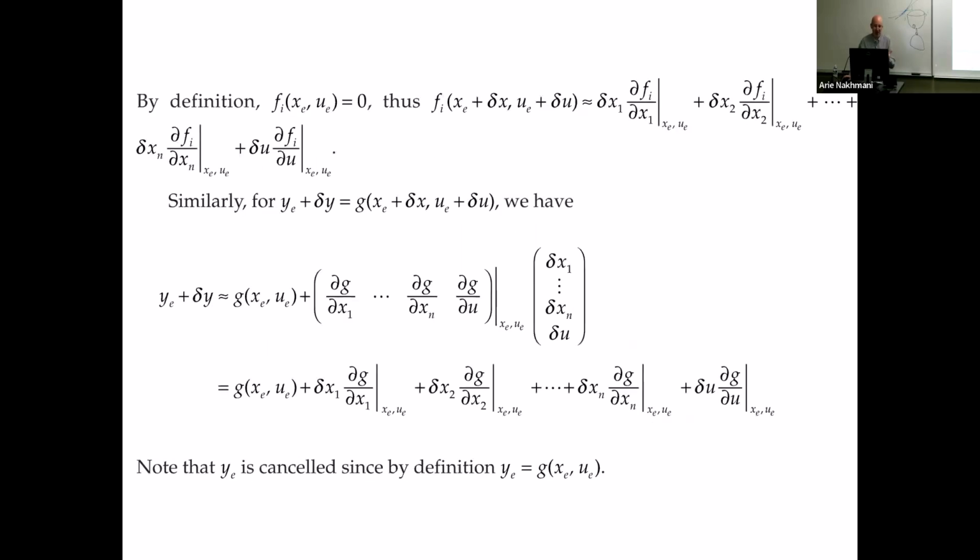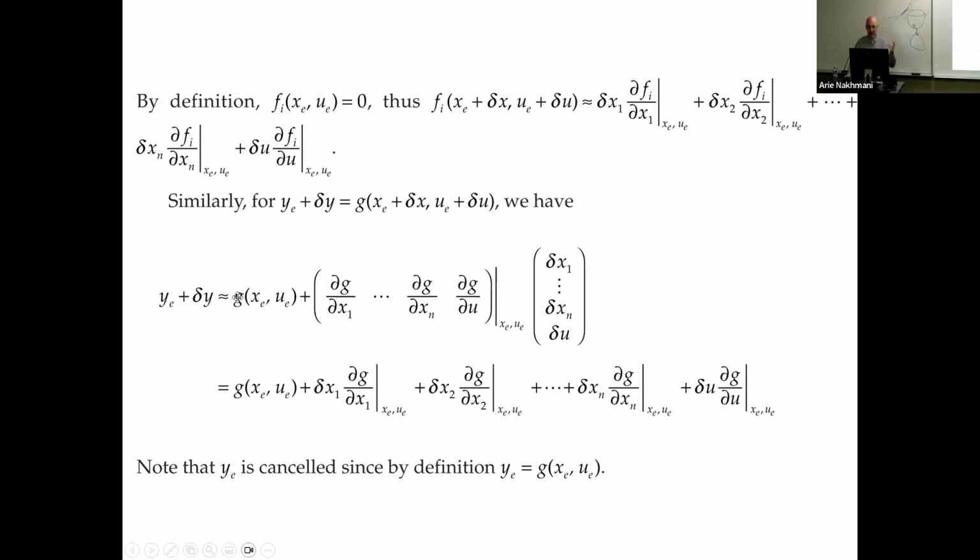That's exactly what that thing is, right? This is a linear combination of numbers. So this is exactly what I'm writing here. I'm saying that this function will be approximated by these things, and I will be able to write it as a matrix A times a new vector, which will consist of delta parts, plus B times delta u. And now I can do the same thing for y. For y it will be a little bit different because y equals g, right?